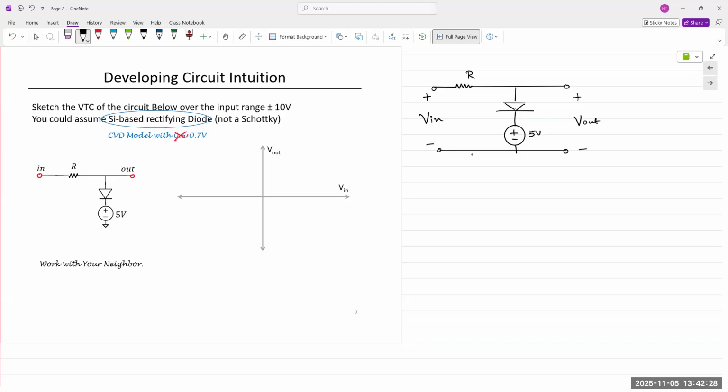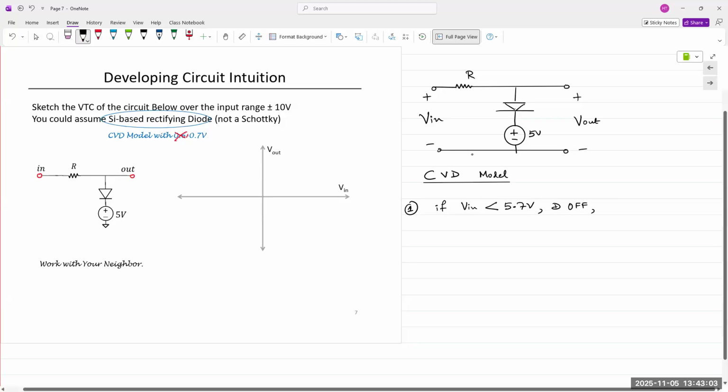Let's do again the CVD model. If V in is less than 5.7 volts, then the diode is off.